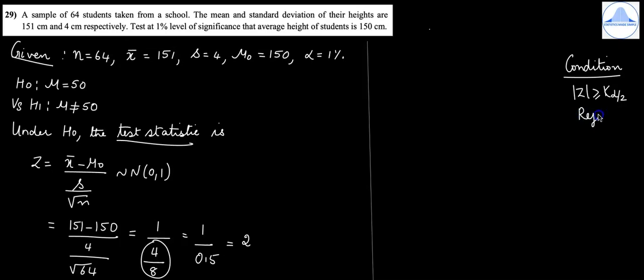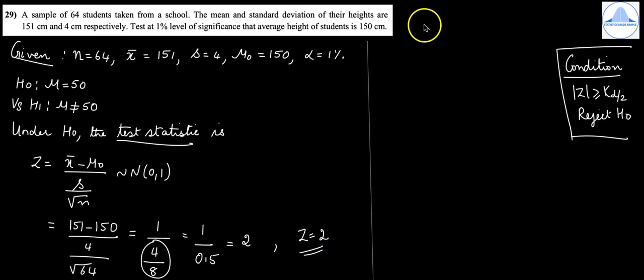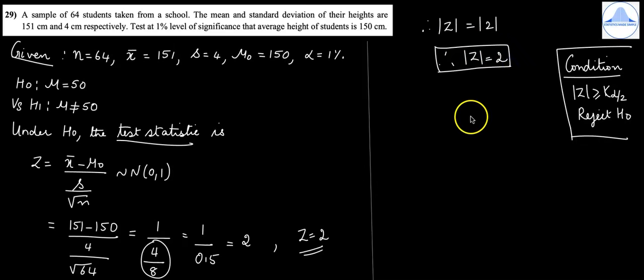If this condition is satisfied, we reject H naught, otherwise we accept H naught. So this is the condition. We have got only z equal to 2. But the condition requires mod z. So mod z is equal to modulus of 2, and modulus of 2 will remain as 2. Only the modulus of a negative number becomes positive.